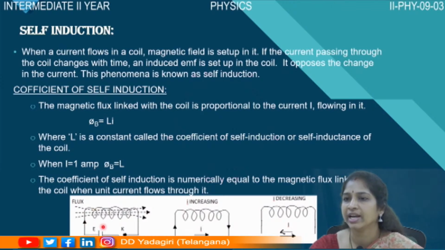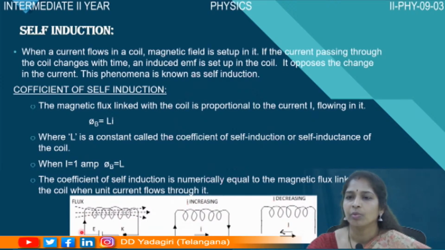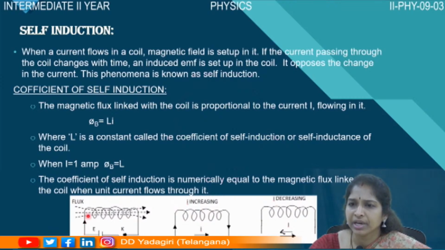So now how can we define the coefficient of self-induction? It is numerically equal to the magnetic flux linked with this coil, when 1 ampere current passes through it, the flux that is produced in the same coil.